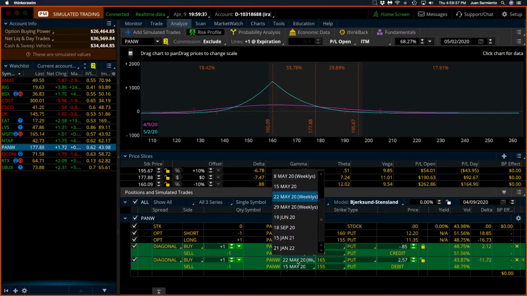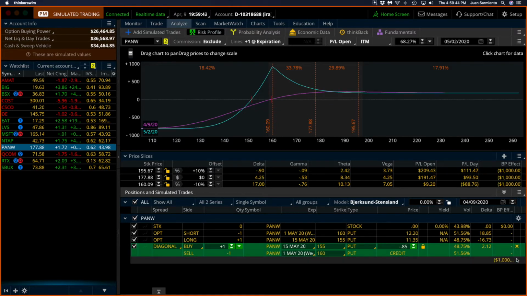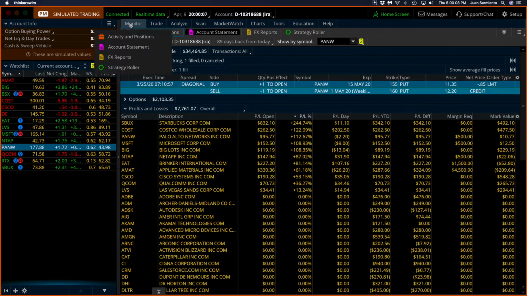If you change that to 15, yeah, still too flat. So there's really no need to change anything. So let it be. If it goes down to 160, which is 17 points below current price, and the stock erodes in value, the options erode in value, the short, we could end up with a $500 profit. So leave that alone, sounds good.